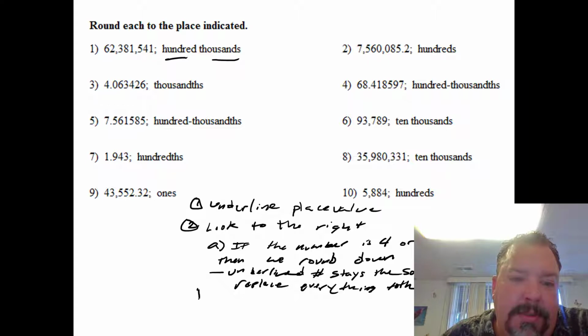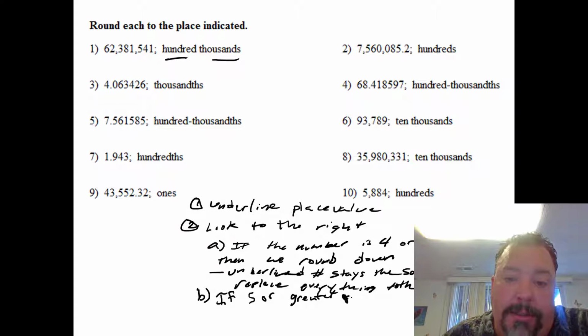And then the other option is if the number to the right is 5 or greater. If it's 5 or greater, then we're going to round up.